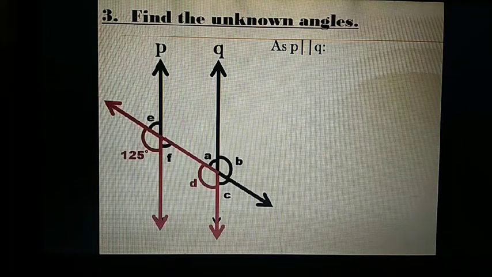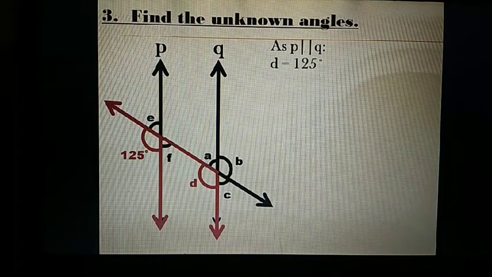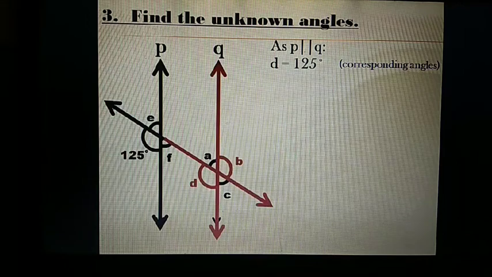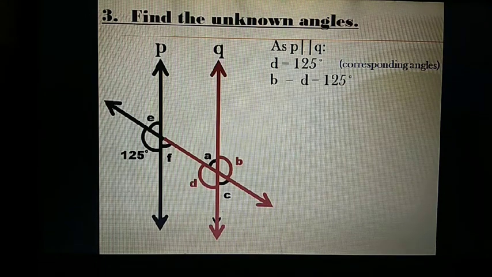Yes, it's D. So D is also equal to 125 degrees by corresponding angle property. Now, D and B are vertically opposite angles. Yes, so B is also 125 degrees. We have to mention the property VOA, that is vertically opposite angles.